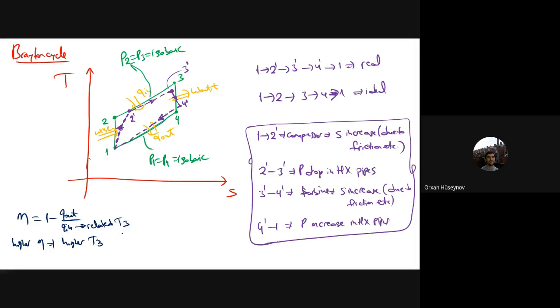Okay, but you cannot increase the temperature of the air to higher amounts because you have a limitation on T3. And the limitation on T3 is due to the material of the blades. So if you increase the temperature, you will have higher efficiency.